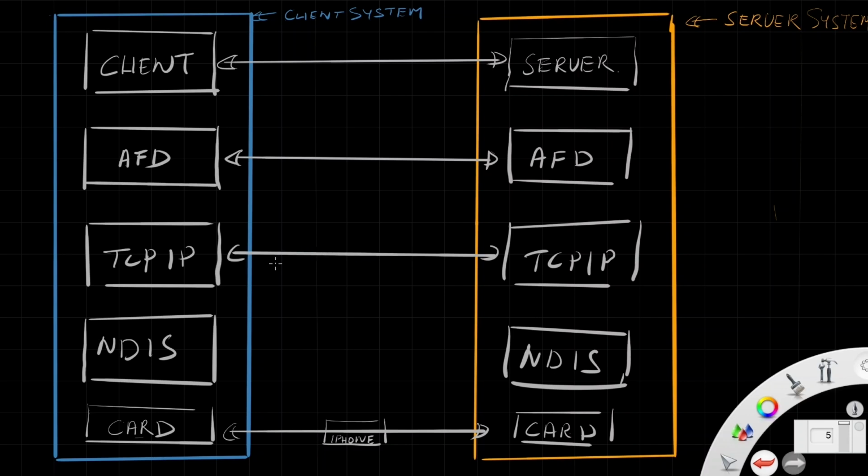The SYN, SYN-ACK, that is a conversation between these TCP/IP drivers in the system. No one else in the system understands what a SYN-ACK packet is. It doesn't mean anything to anyone else. It doesn't mean anything to the client. It doesn't mean anything to the AFD. It doesn't mean anything to the NDIS or the card. A SYN, SYN-ACK packet has any meaning only for this driver. And it has to virtually talk to the peer on the other side.